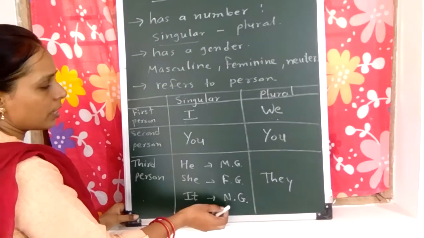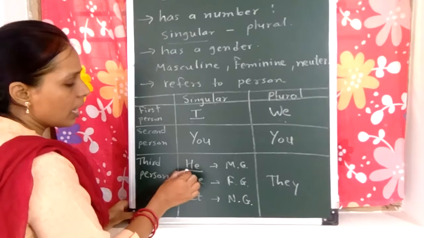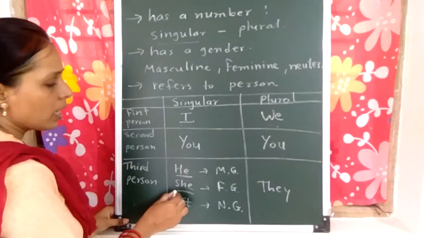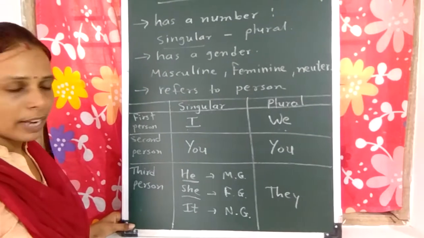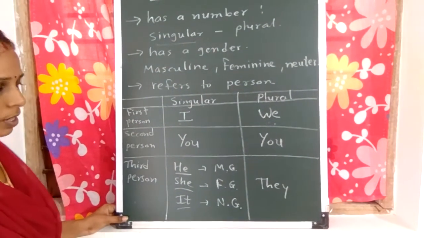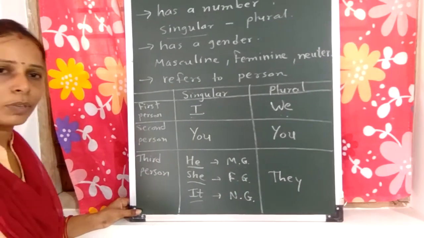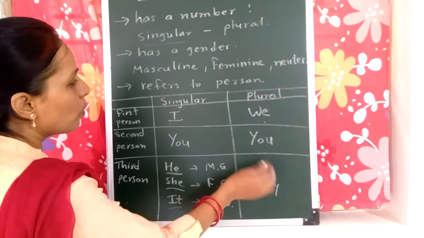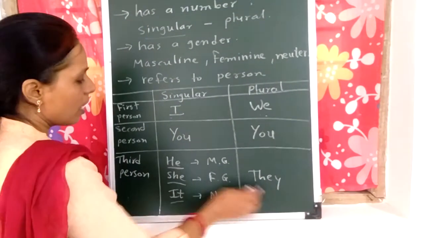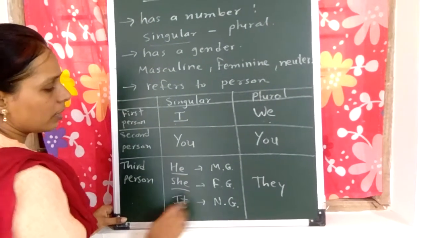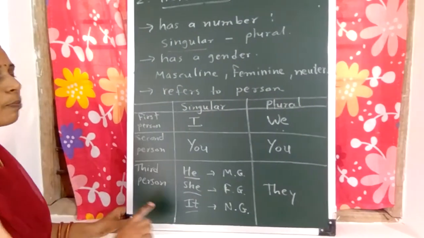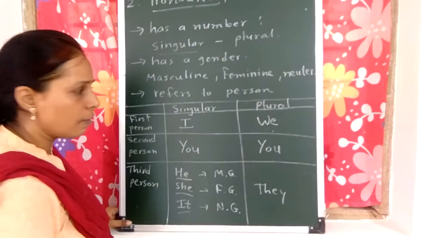Here pronoun has gender: he is used for masculine gender, she is used for feminine gender, and it is used for neuter gender, as non-living things or animals or birds. And the plural of he, she and it, the third person plural, is they. Okay, this is the table of personal pronouns in the subjective form.